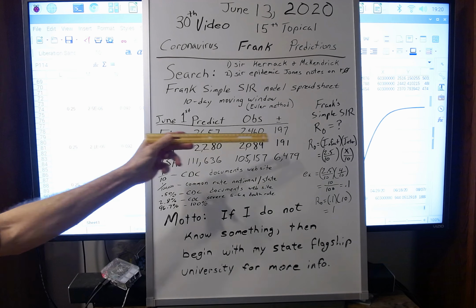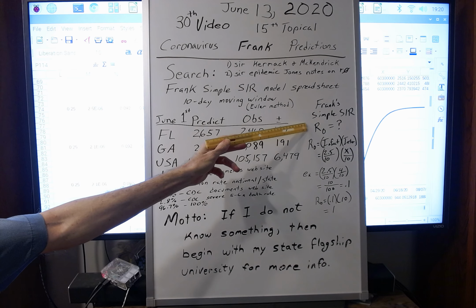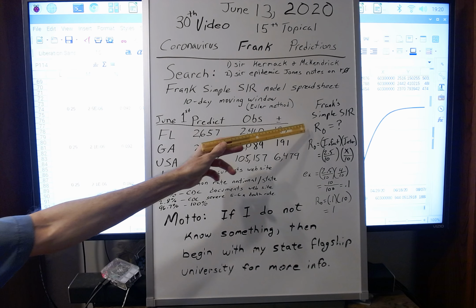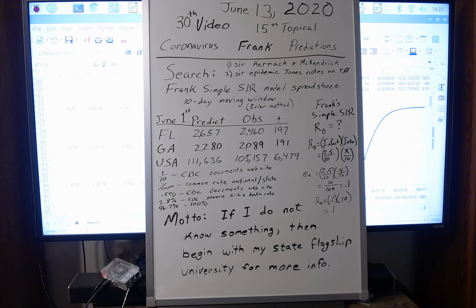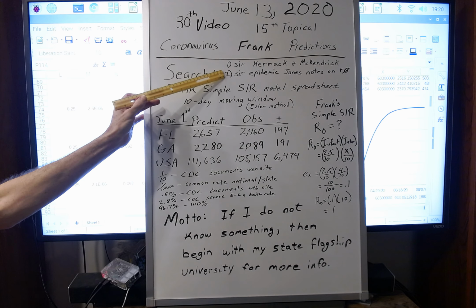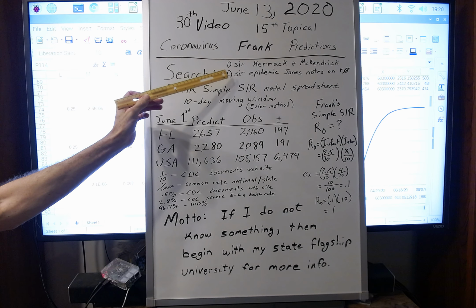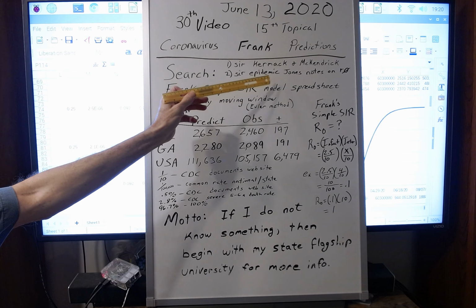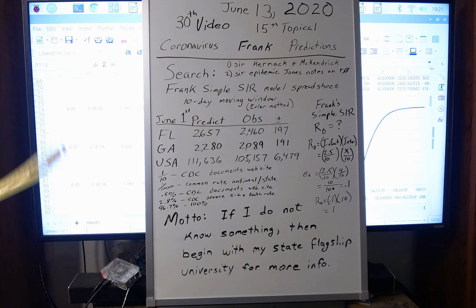Now, on the R, sometimes you'll see it as R sub 0, sometimes R effective. And now, if you want to know more about the R, search for Epidemic Jones Notes on R0.